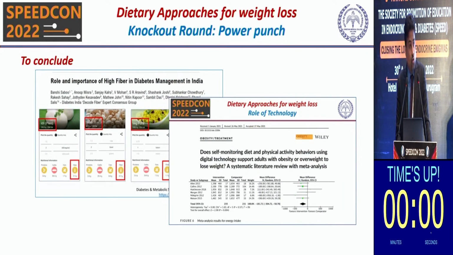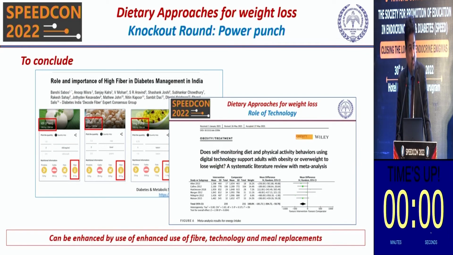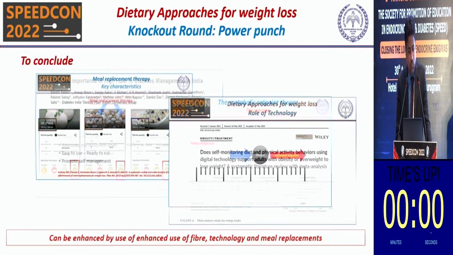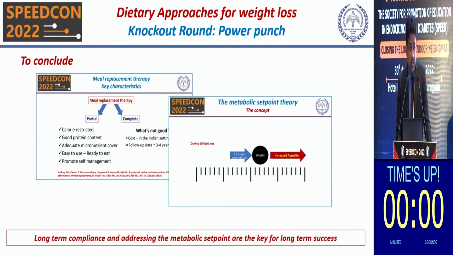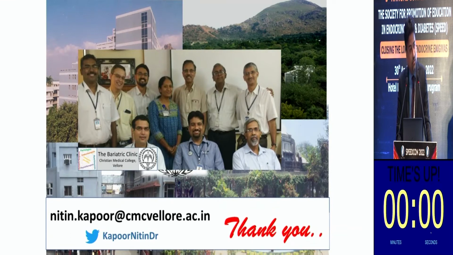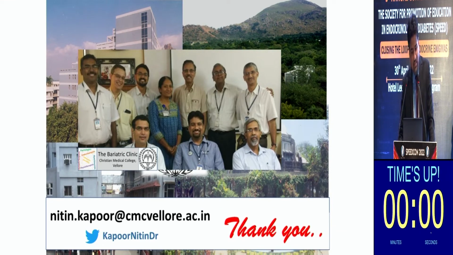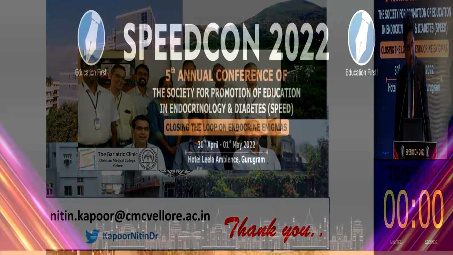It's important to also emphasize the role of fiber, use technology and apps which are available, meal replacements are coming up in a big way, and most important is good follow-up and resetting the set point. I'd like to stop here. I'd like to acknowledge the obesity management team at CMC Vellore, and would be happy to take any questions.